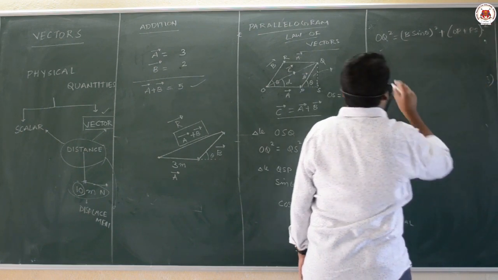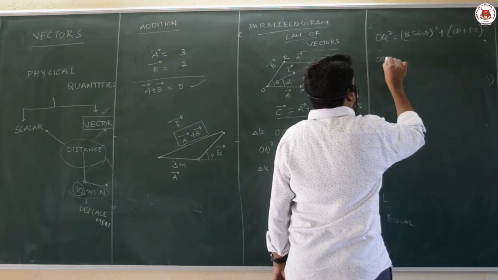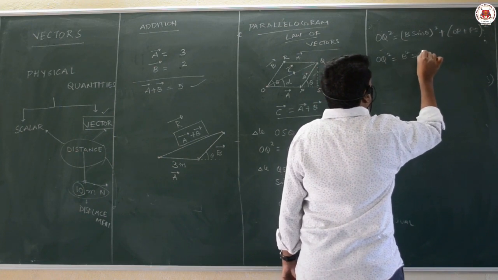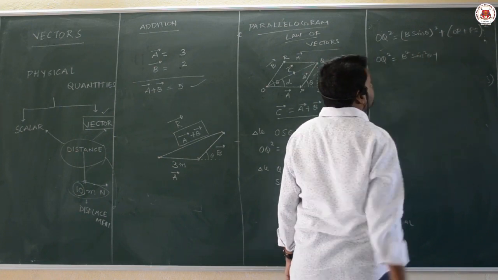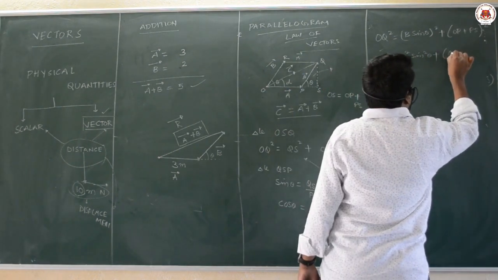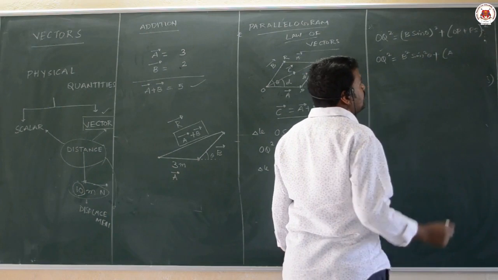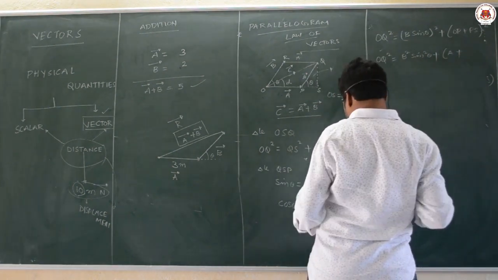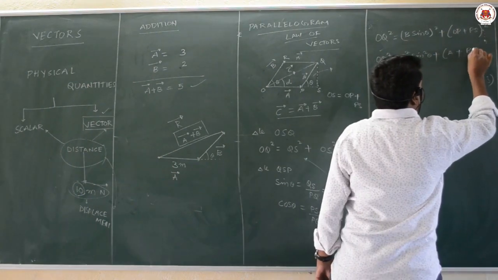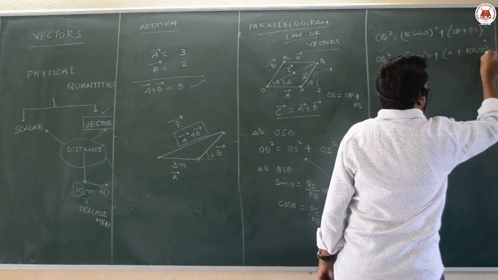Now this is OQ square, this is B square sin square theta plus, what is OP? OP is nothing but A, the magnitude of A bar, plus PS. PS is equal to B cos theta, whole square.